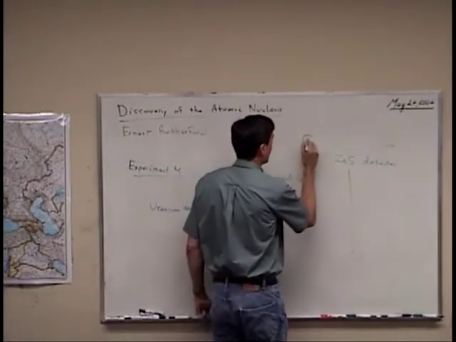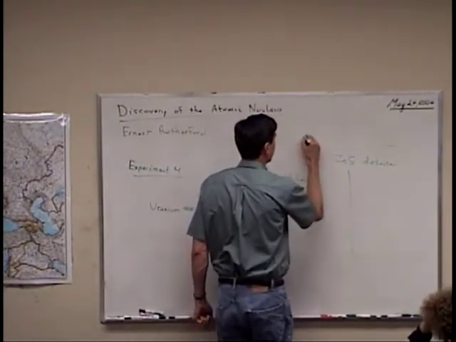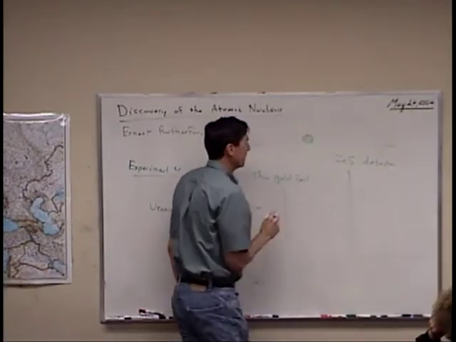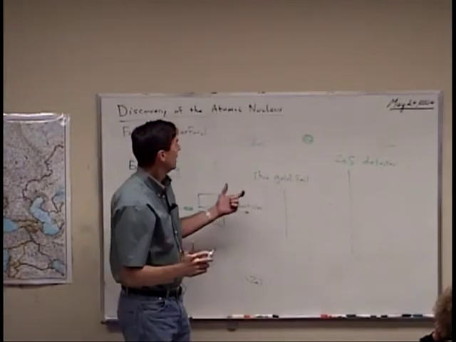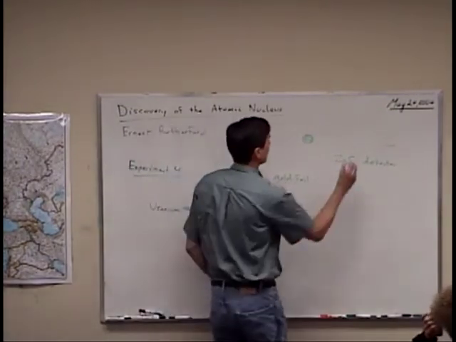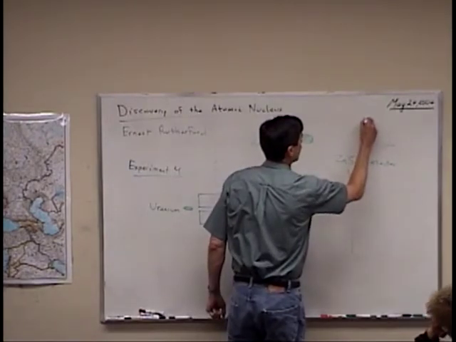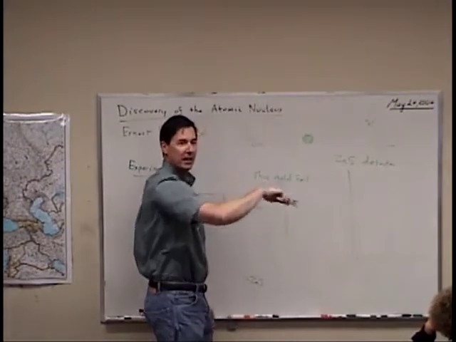And all the mass and the positive charge of the atom is in this little tiny area, and then the negative part of the atom, the electrons, are way out away, orbiting that nucleus.